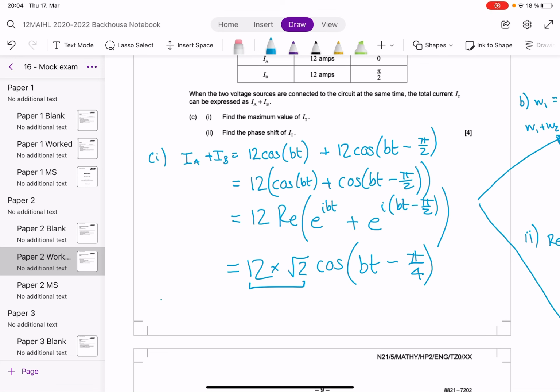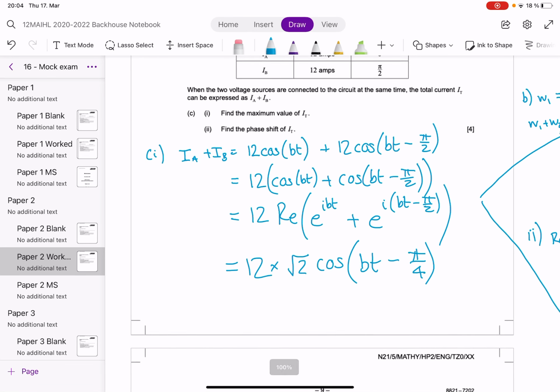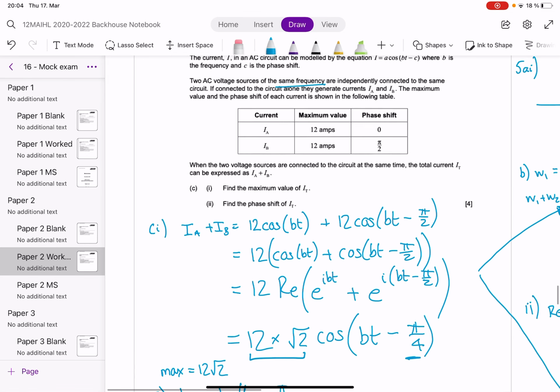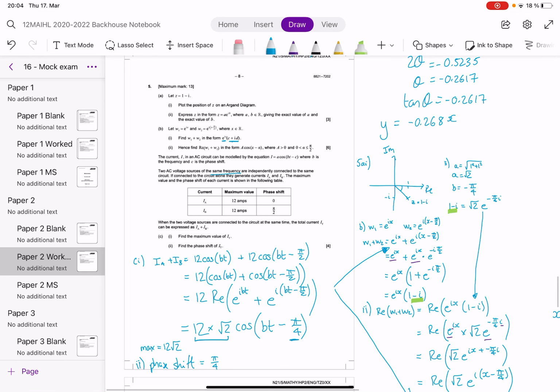So max equals 12 root 2. Find the phase shift. Oh, that's this part here, isn't it? So phase shift equals pi by 4. Not a straightforward question, but I would really encourage you to make sure that part B of this question is something that you are confident doing.